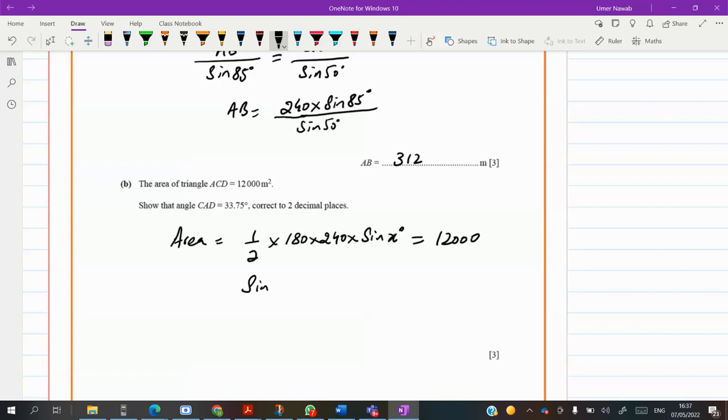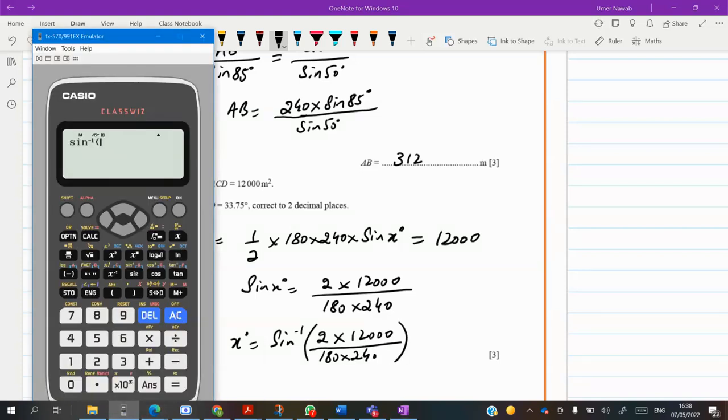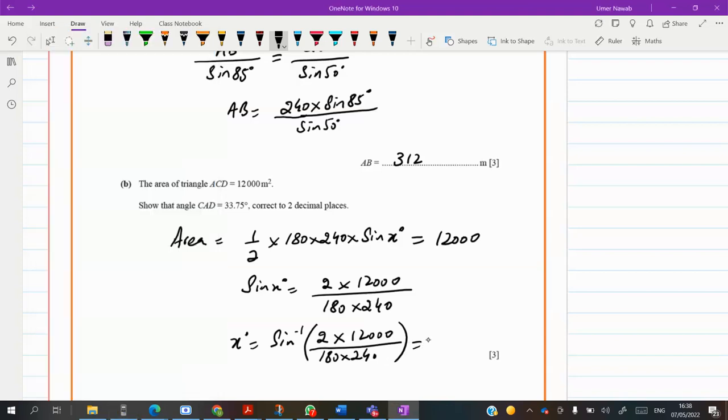Send the things to the other side. Shift sine of 2 times 12,000 over 180 times 240 gives 33.75, and this is the angle which we wanted to show.